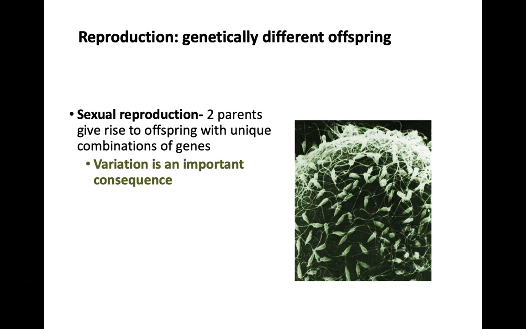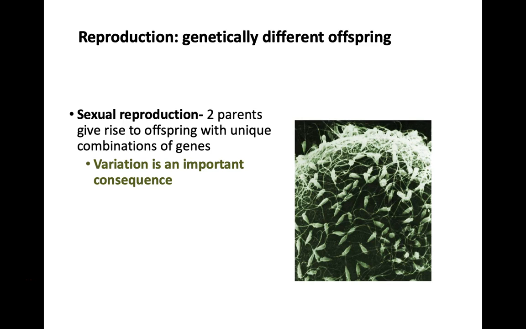We will see during meiosis, some variation is produced. And then when you have two parents coming together, bringing unique combinations of genes together in an individual, you get even more variation. And that variation is going to be very important for us when we start talking about evolution. That variation due to sexual reproduction is important to the organisms for evolution as well.